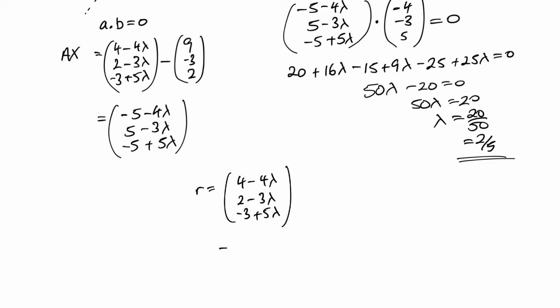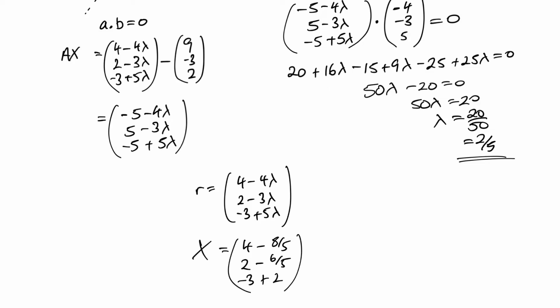Substituting my value of lambda in here will give me my coordinates of X. So, 4 minus, and we've got 8/5, 2 minus 6/5, and minus 3 plus 2.